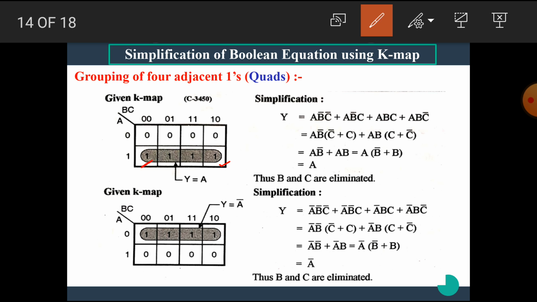The min term for this one is A bar... that means A plus B bar plus C bar. For this one is A B bar C. For this one A B C. For this one A B C bar.